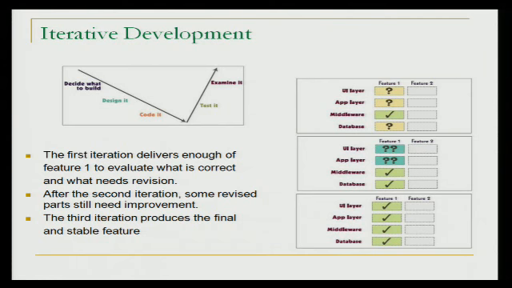And really the key difference is the following. You may put out something in iteration 1 that is not exactly what the customer wanted, but it might be kind of what they want. You're going to put it out there and ask them to give you feedback.